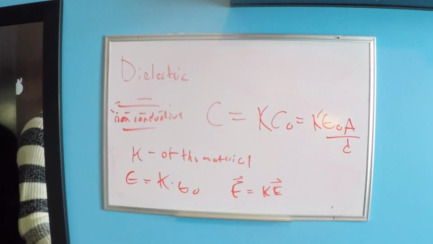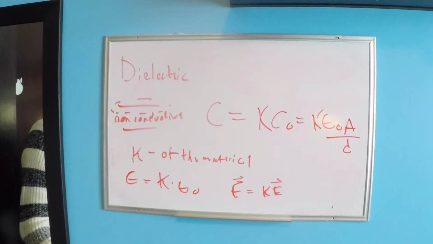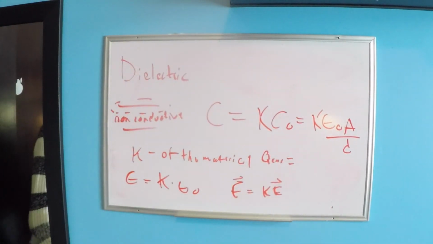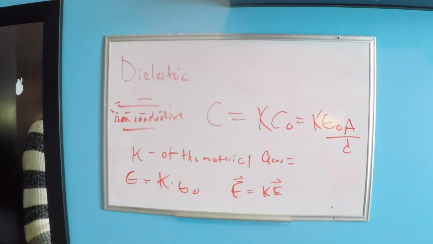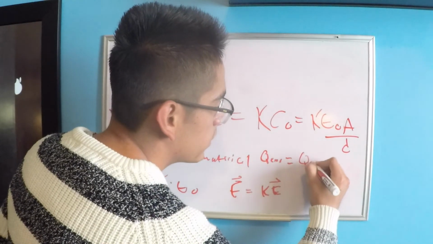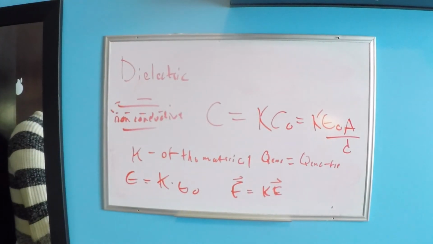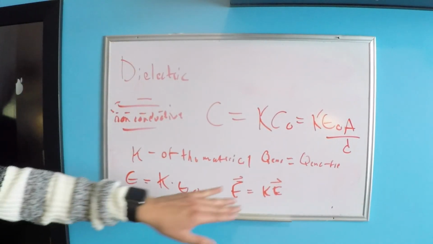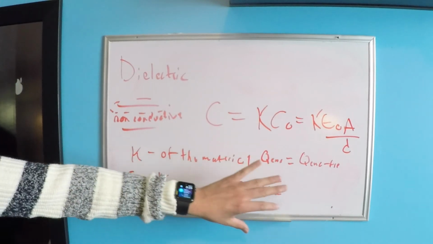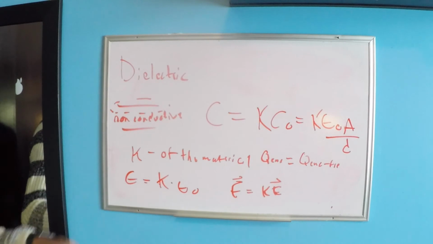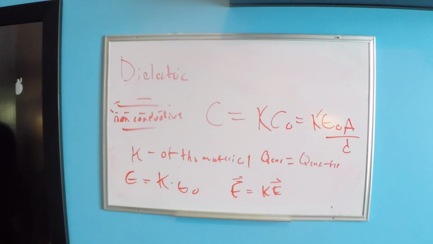And then we have Q enclosed. Do you remember that? But here it includes just the free charges, not all the charges there, making a relationship over the whole Gaussian surface.